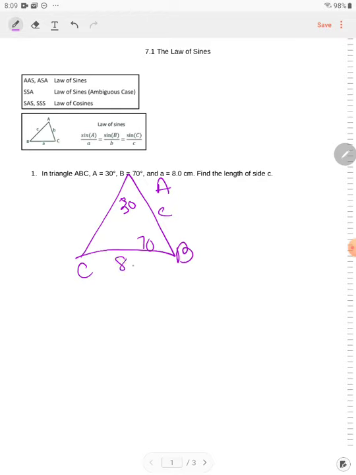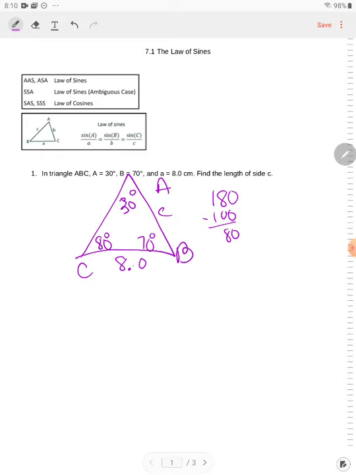Recall the triangle angle theorem says that the sum of the three angles of a triangle is 180. So 180 minus 100 is 80, and angle C is 80 degrees.